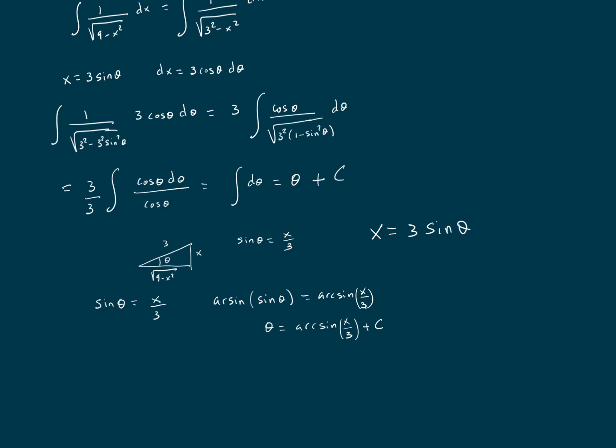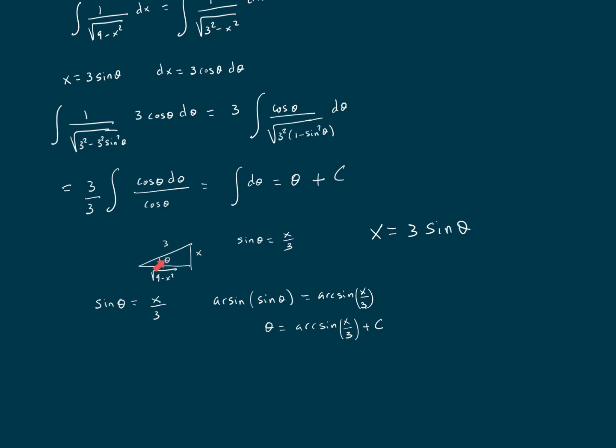We create a triangle that says sine of theta is x divided by 3. Sine of theta is opposite divided by hypotenuse. So sine of theta is opposite x divided by hypotenuse 3.